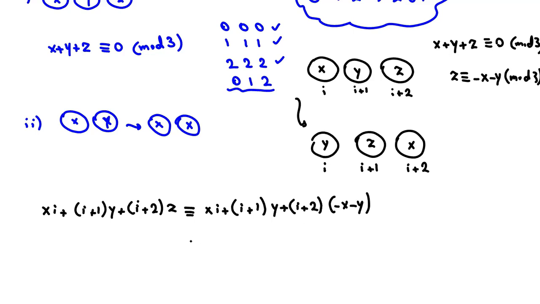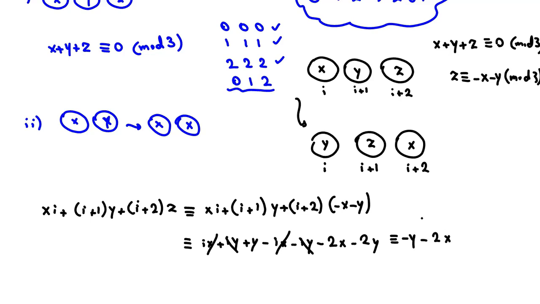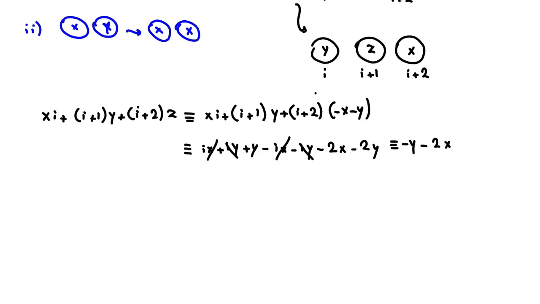Okay? So it will be ix plus iy plus y minus ix minus iy minus 2x minus 2y. Ix, iy, iy. So it is congruent to y minus 2x. It is the first part. Now let's apply second part. This is iy plus (i plus 1)z plus (i plus 2) times x.